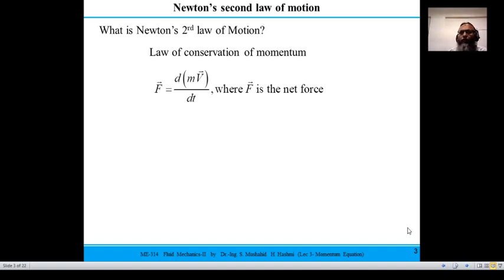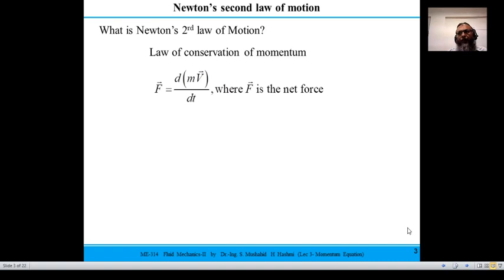Momentum is a product of mass and velocity, and the net force acting on a body would be the rate of change of momentum. So how fast the momentum changes would be representing the net force that is actually acting onto the body.